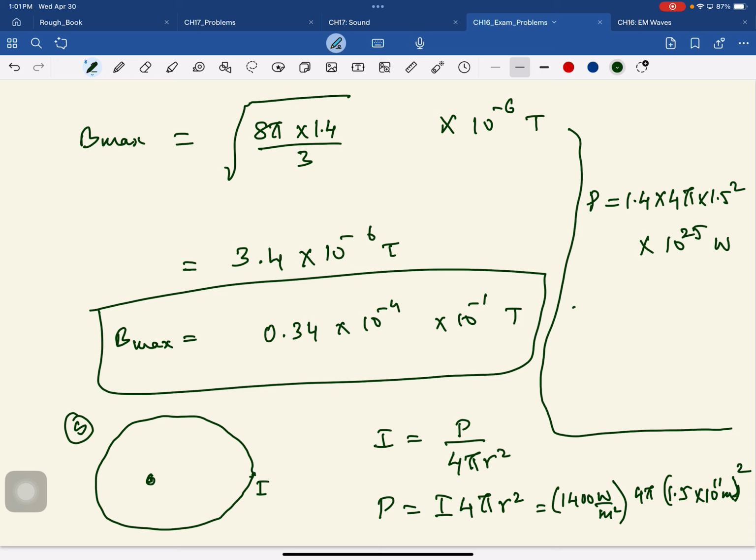Okay, so roughly 4 times 10 to the 26 watts.